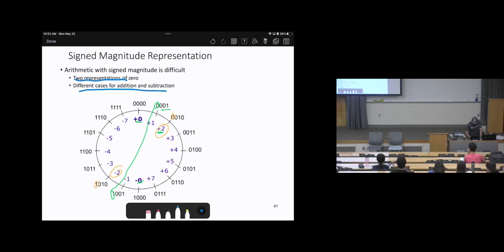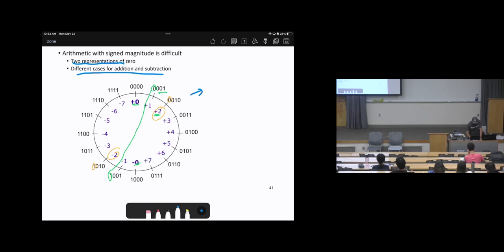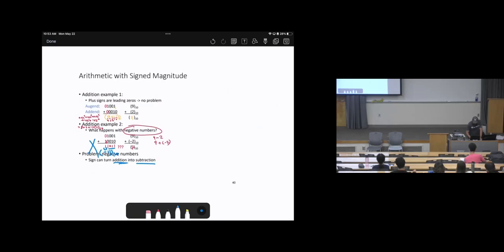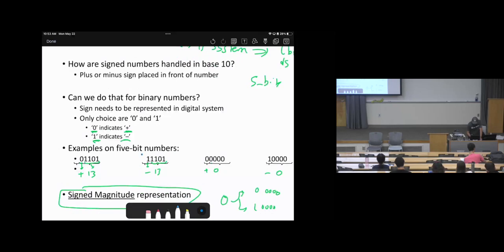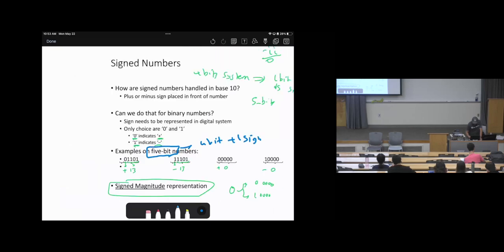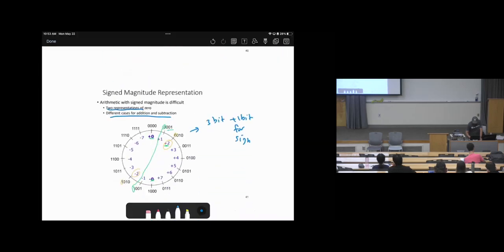So this representation is based on 3 bits, plus 1 bit for sign. Again, this is different from the part I discussed earlier, which we call 5 bits, which is 4 bits plus 1 sign. Now, it depends on the register, depending on the manufacturer.